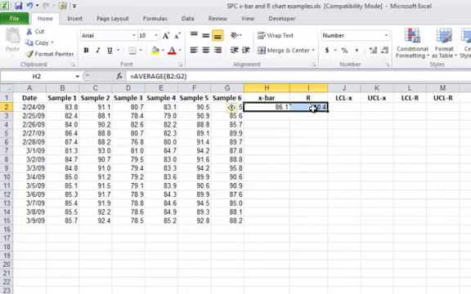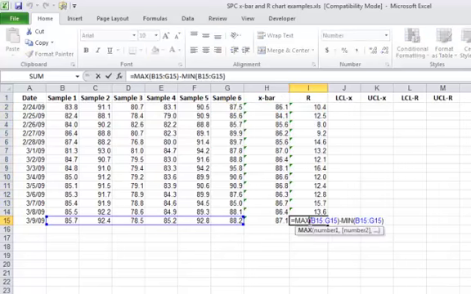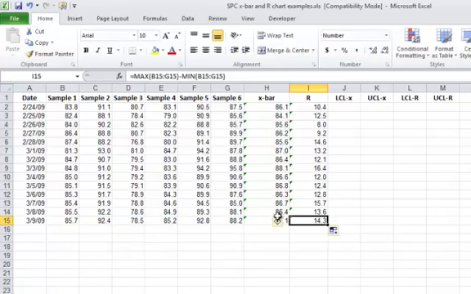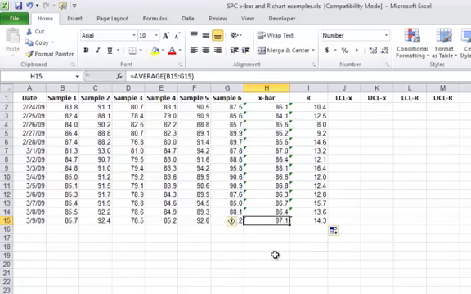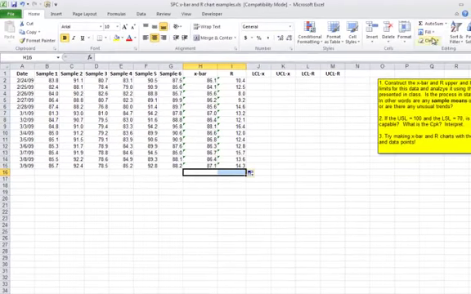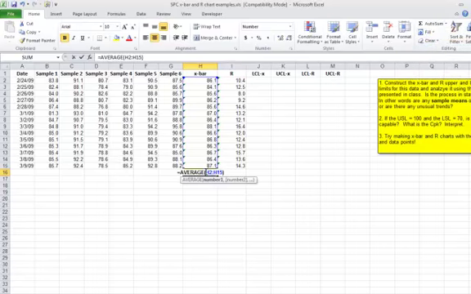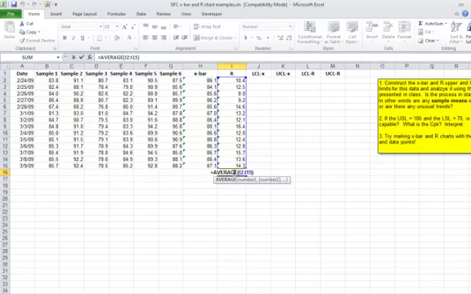Then we can take these and fill down and double click, kind of verify, yes, that all looks correct. The average looks okay. And then the X bar and the R bar, those are the means of the samples. So we could do average, and we could double check. So yes, those are the averages.